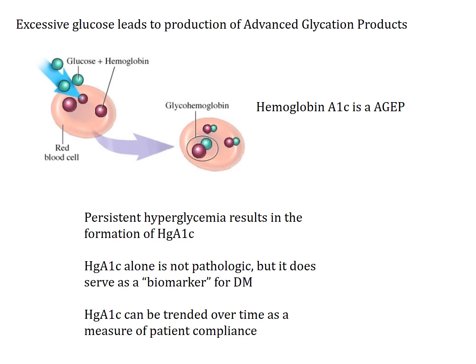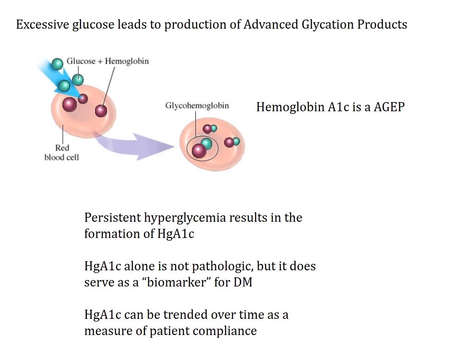Well, hemoglobin, like every other protein, has nitrogen bases, and glucose can bind to those nitrogen bases, so we can get a state of glucose being bound to hemoglobin, and that is referred to as hemoglobin A1C. Hemoglobin A1C biochemically is a type of AGE, advanced glycation end product.